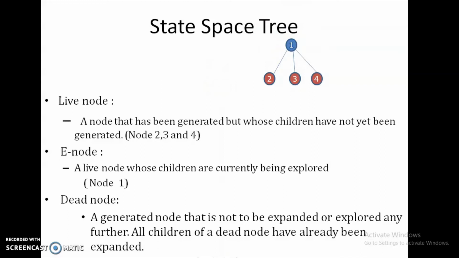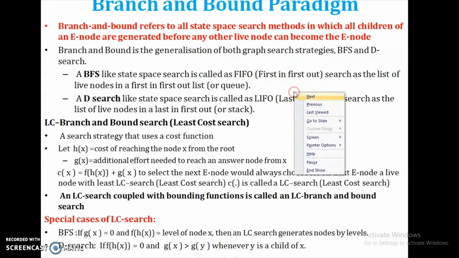That complete value set will make up a solution for that problem. Similarly, each branch will give you one solution. Out of these solutions, some may be an answer node, some may not.